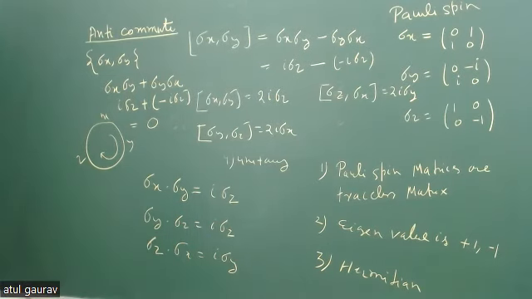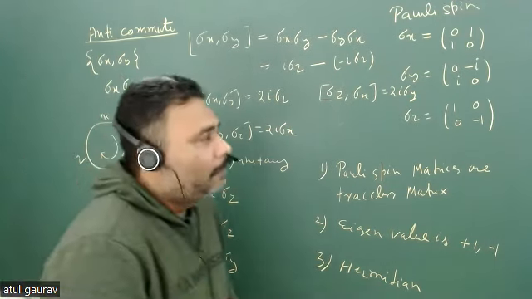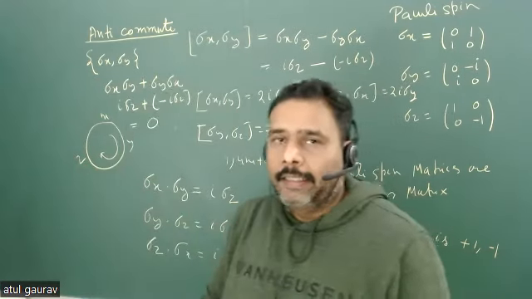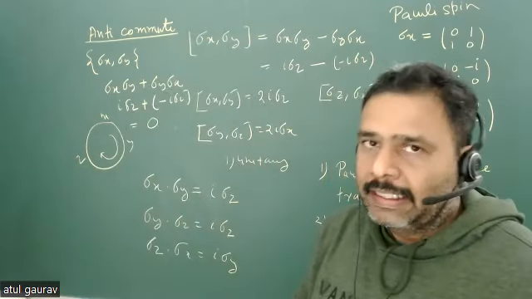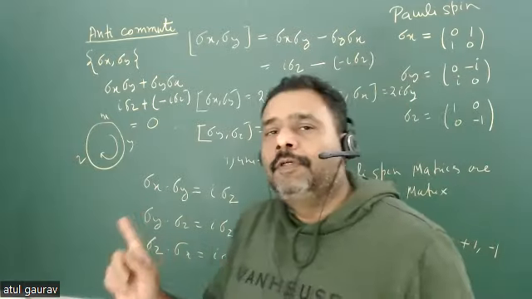So let's go for some more properties of the Pauli spin matrices. Let's try one very important matrix, that is n cap dot sigma.